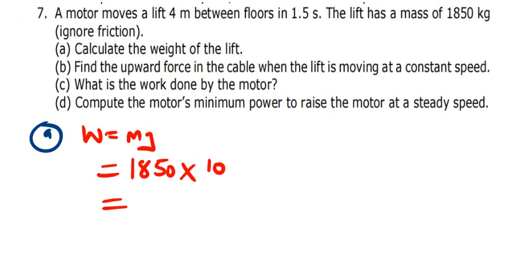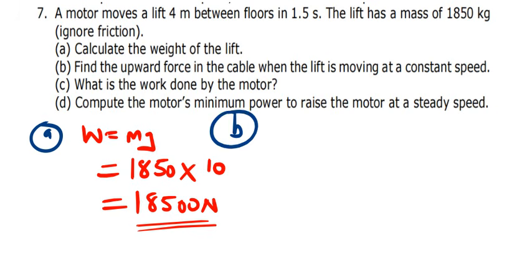If I'm using 10, I'm going to have 18,500 Newton, I'm just going to have 2 zeros at the end. So that would be the weight for the first question. What about B? B, we are told to find the upward force in the cable when the lift is moving at a constant speed.